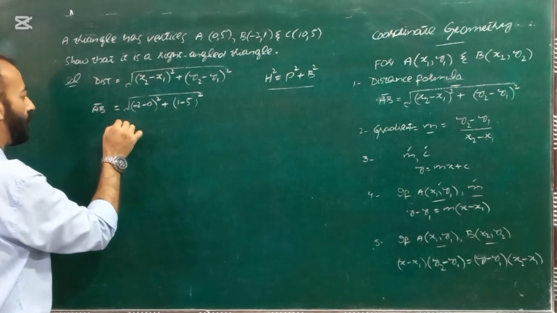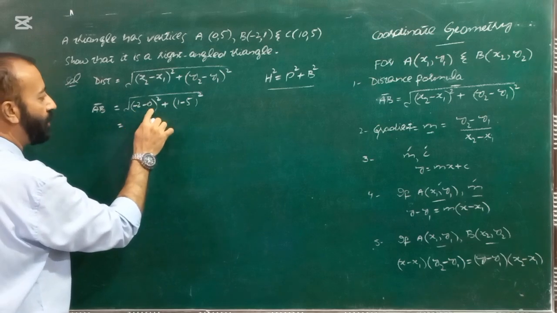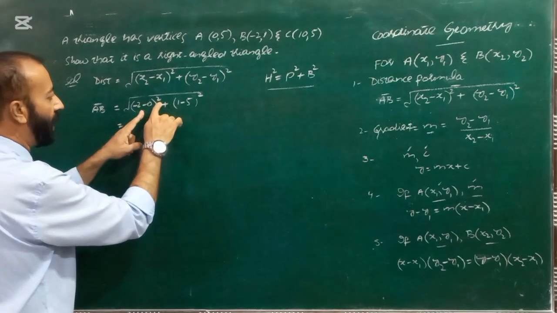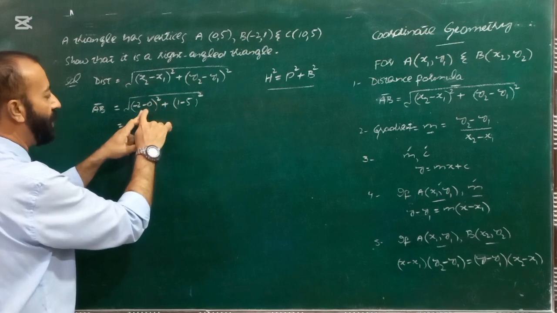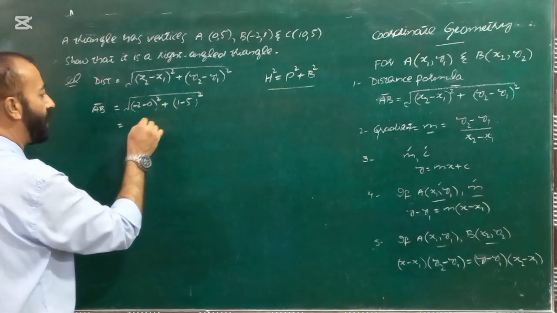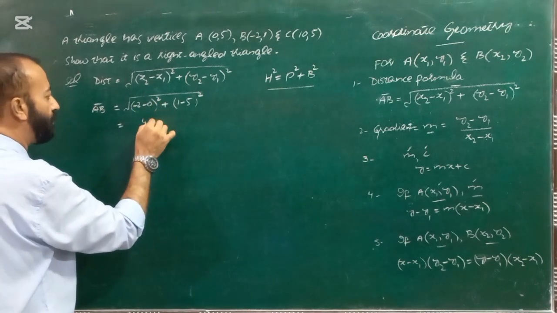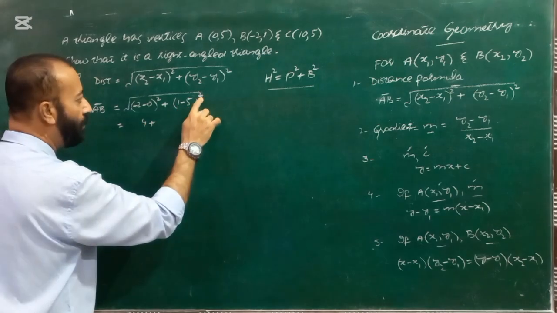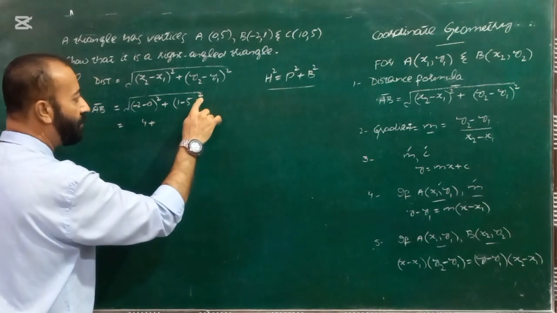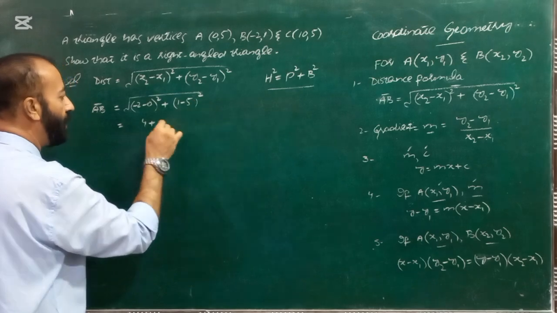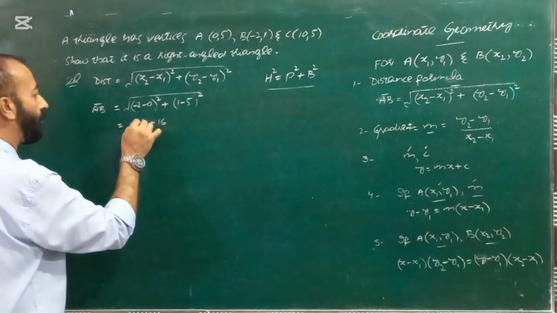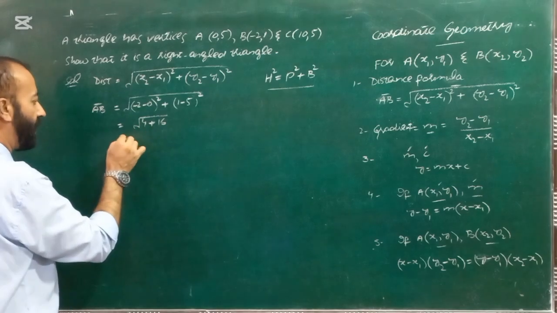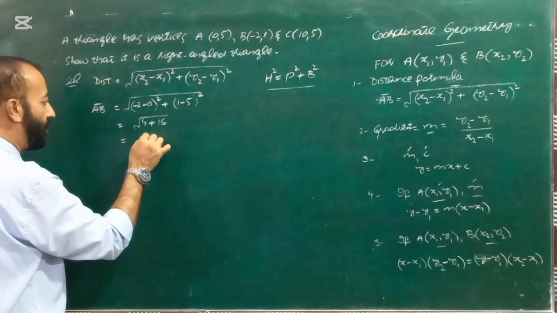Solving it now, minus 2 minus 0 will be minus 2, and because of the even power, the minus sign will be absorbed. So minus 2 square is 4. This plus is still there, and 1 minus 5 is minus 4. Minus will be absorbed because of the even power, so minus 4 square will be 16. So the next step is 4 plus 16 is root 20.